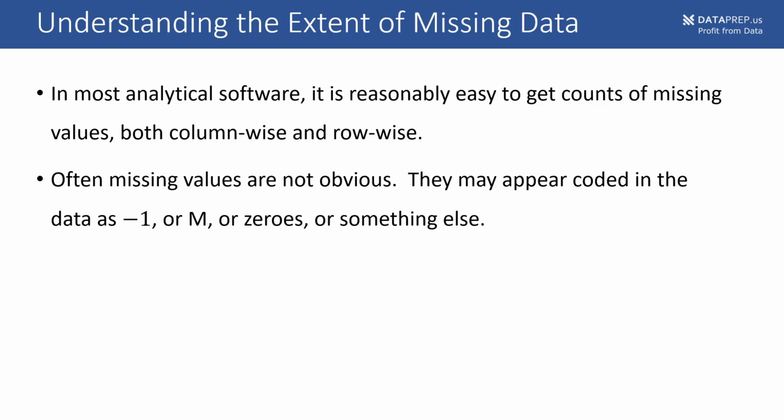So you have to figure out what represents missing data in your data set and be able to understand the scale of the problem. And once you know what represents missing data, then it is reasonably easy to get counts or an understanding of the proportion of the data that is missing, whether by features or columns or by observations or rows.